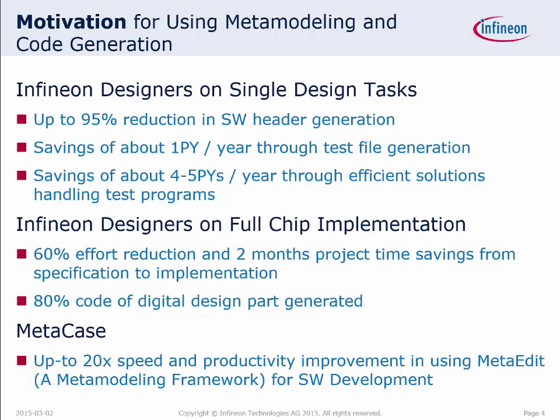First of all, a little bit about the motivation of using metamodeling and code generation. So we had Infineon designers on a single task. For example, a firmware colleague writing the firmware header files of the register specification could save 95% of time by using this code generation approach, because the concept engineering is actually specifying the register layout together with the customer and the application engineers, and you have all this formal data available.